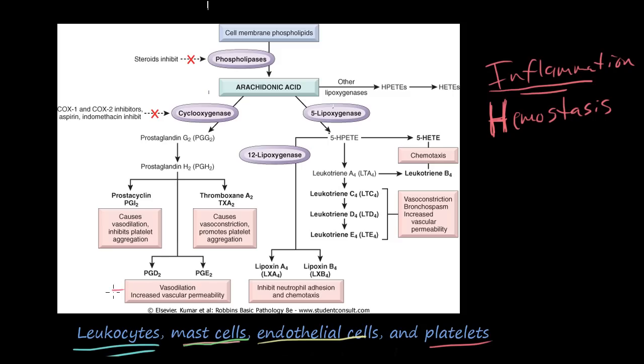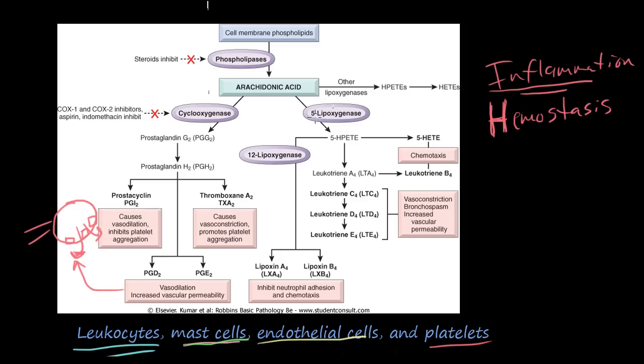Remember that for the inflammation process, if this is a normal diameter of a blood vessel, then it's going to get a lot bigger, which causes more blood flow, and then there are going to be little holes within the endothelial cells for stuff to leak out into the extracellular matrix, primarily for leukocytes to get out and start destroying the antigen or whatever the problem is. You can review previous videos to understand more about that.